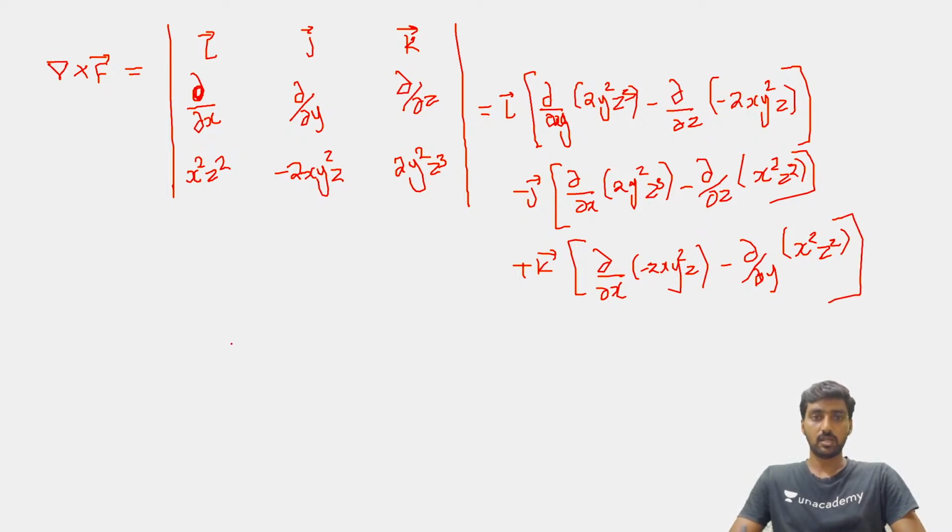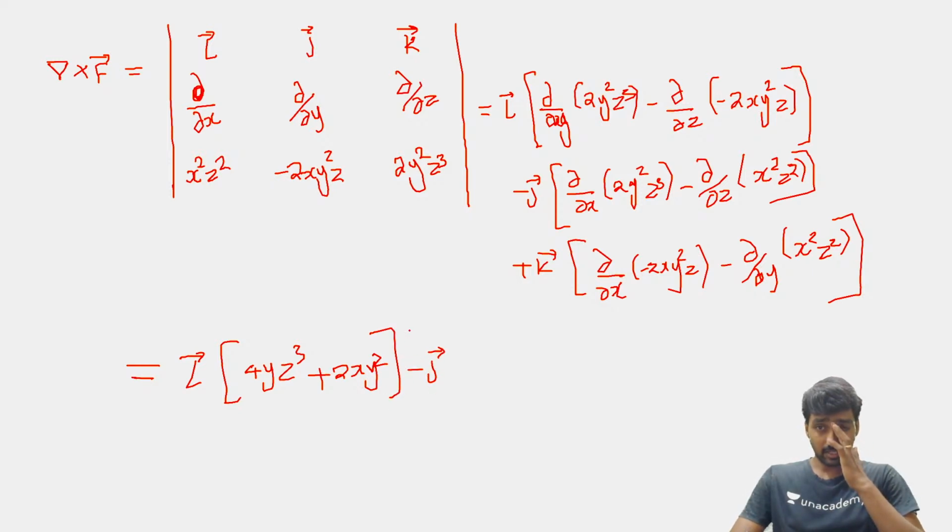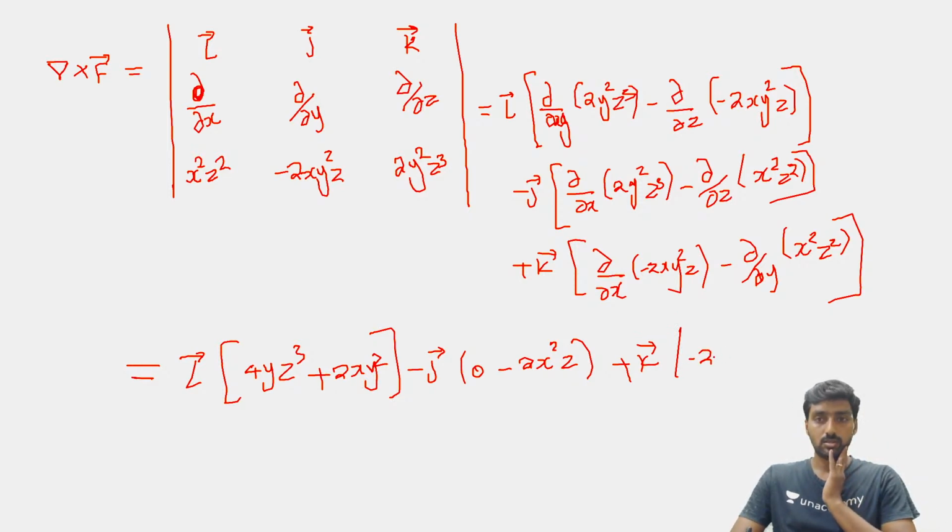Now what will be the solution here? It is i vector into, with respect to y, 4y z cube, minus of minus, plus 2x y square. Minus j vector into, with respect to x differentiation, it is 0, minus with respect to z, 2x square z. Plus k vector into, with respect to x, minus 2y square z, and with respect to y, 0.